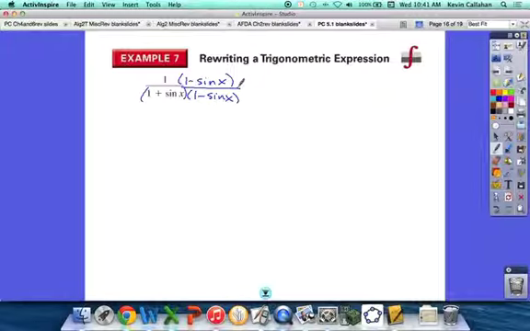Now notice what happens when we do that. In the numerator, we just have 1 minus sine x. In the denominator, this is the factoring of a difference of squares, right? 1 plus sine times 1 minus sine. So this is 1 minus sine squared x.